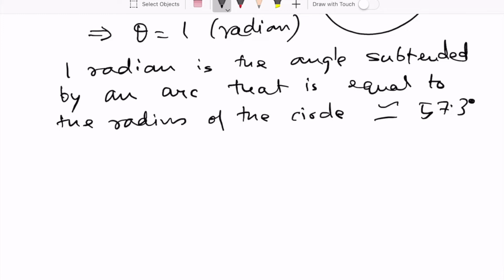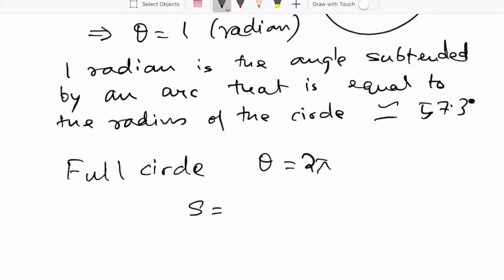If you do a full circle, the angle that you've traced out, theta, is equal to 2 pi, right? So what is the arc length that you've traced out? S is equal to R times theta. So that's 2 pi multiplied by R. And that's exactly what you would expect. You get the circumference of the circle, the formula for the circumference of the circle. Okay? So that's another example of applying this formula.